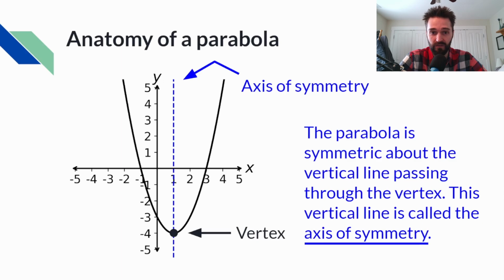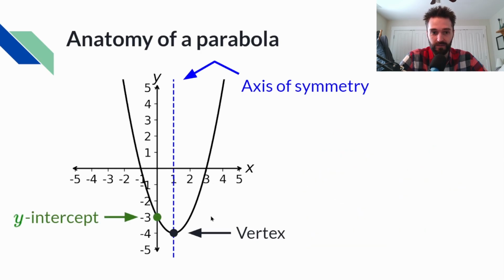So that's what made it an even function. But, fun fact, all parabolas are symmetric about some axis, right? It just depends on where it's located. So it's symmetric about this line, and this is important here. The blue dashed line passes through the vertex, okay?